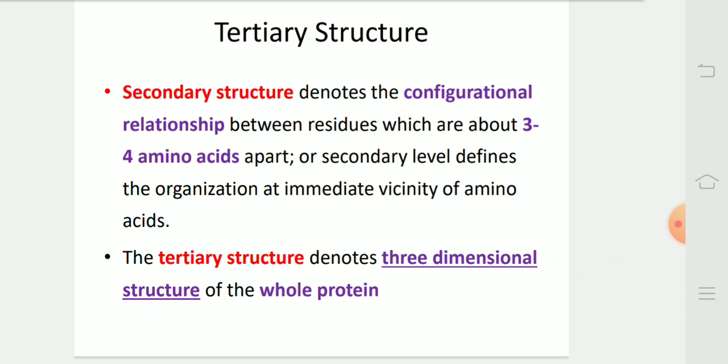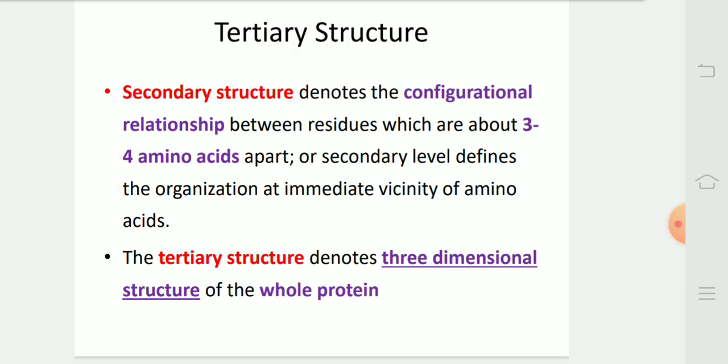Tertiary structure. Secondary structure denotes the configurational relationship between residues which are about 3 to 4 amino acids apart, or the secondary level defines the organization of the immediate vicinity of amino acids.